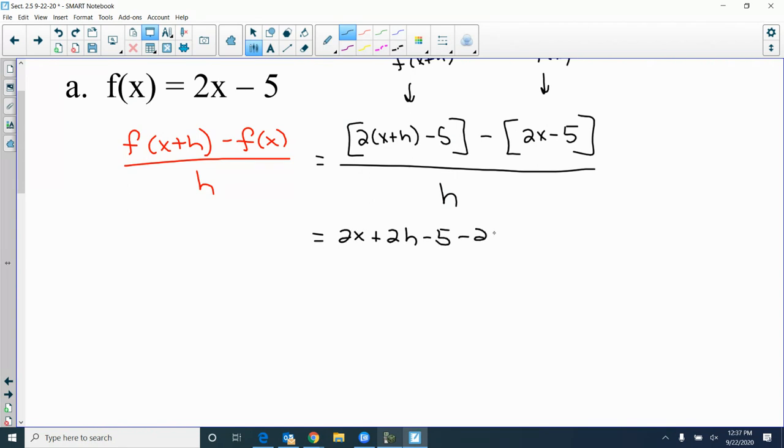Distribute that negative, you get minus 2x plus 5 over h. So in the end, what's the only thing I'm left with on top? Just the 2h. Everything else is gone. 2h divided by h just gives you 2. Those h's will cancel.